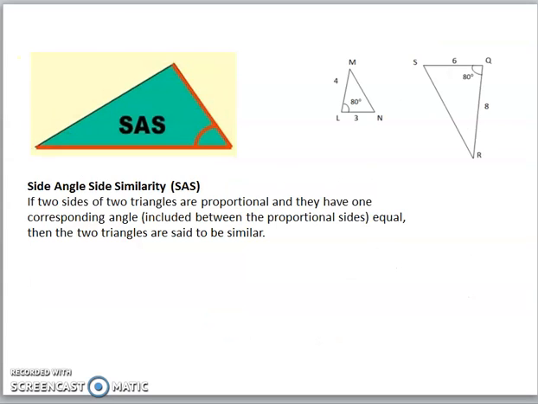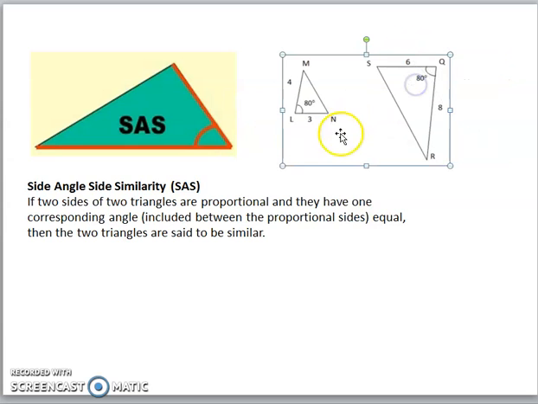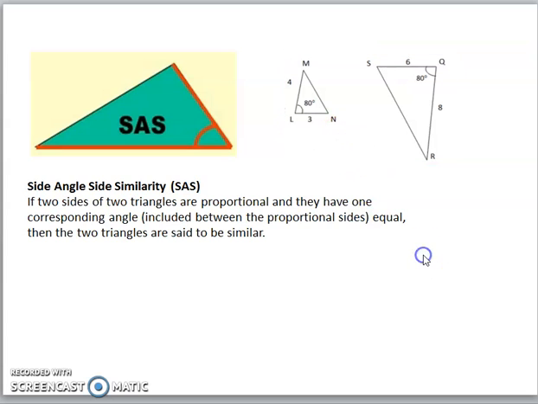The last one is SAS criteria. That means any two sides are given proportional and the included angle is given equal. So here ML and LN are given 4 and 3, and the corresponding sides here SQ and RN are given.